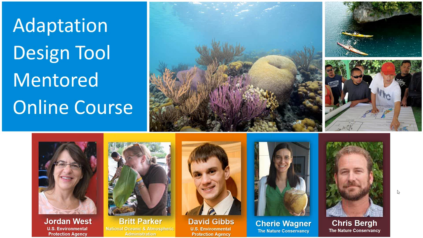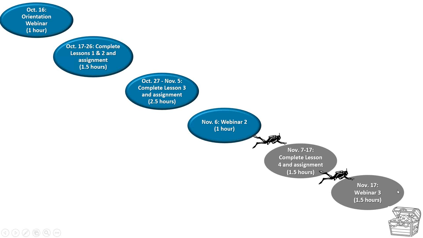Today, basically, I wanted to re-show the course schedule and talk about where we are in this month-long course. We held the orientation webinar at the beginning of the month, and then you went through lessons 1 and 2, which introduced you to the principles of climate smart conservation and gave an overview of the Adaptation Design Tool.